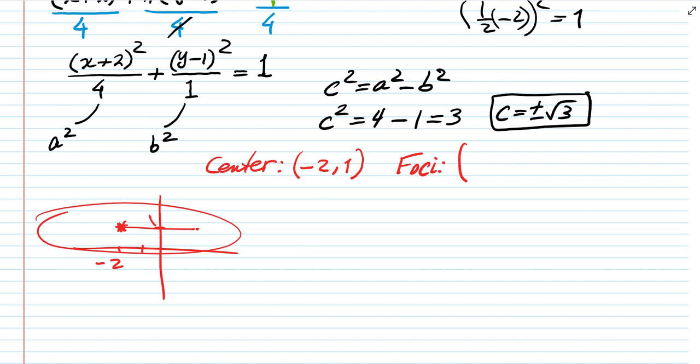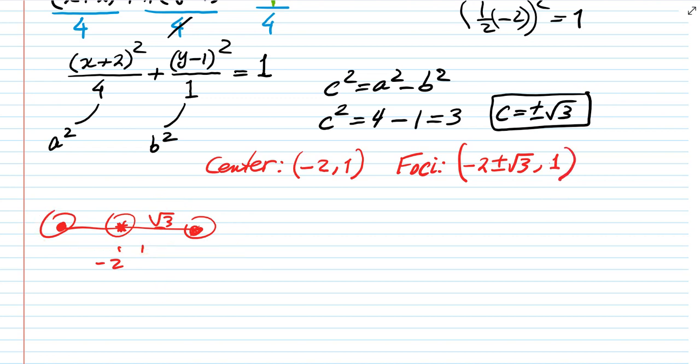Okay, this is going to be root 3. To this point, a focal point, the other focal point here. Therefore, the foci all have the same y, right? These are all collinear points. They have the same y. The foci is going to be at negative 2 from the center. Go to the right and to the left, square root of 3, and the y is 1.